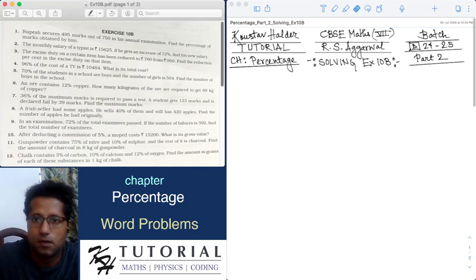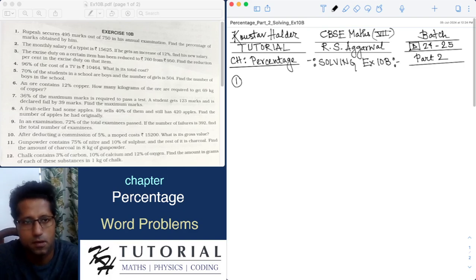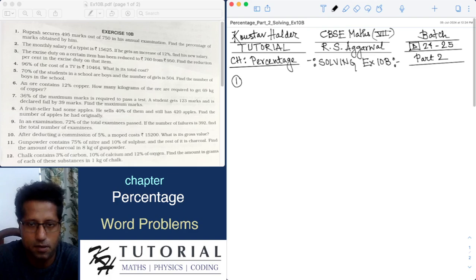Okay, so problem number 1 says Rupesh secures 495 marks out of 750 in his annual examination. Find the percentage of marks obtained by him. So this is a straightforward question.